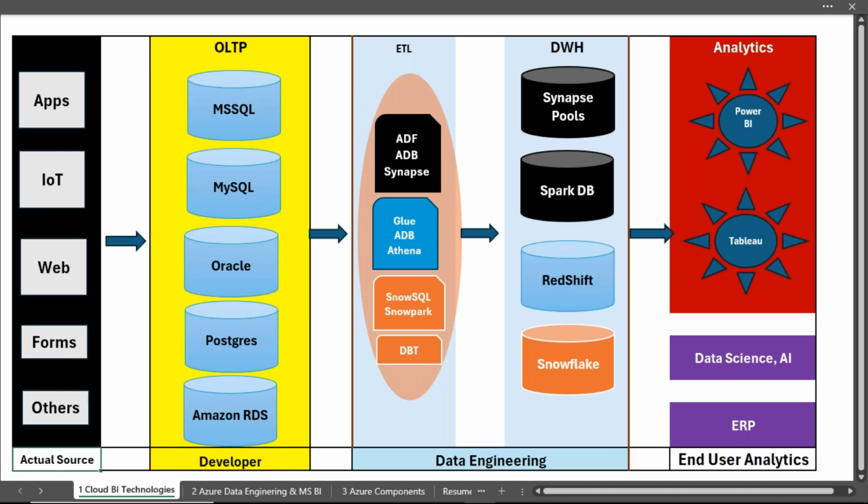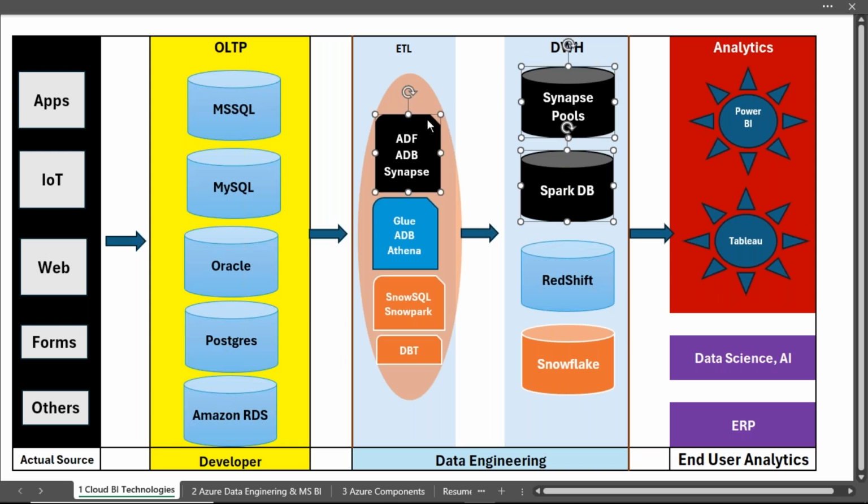Various data sources, OLTP layer: MS SQL, MySQL, Oracle, Postgres, Amazon RDS, etc. These are all OLTP products. SQL developers will take care. We are into data engineering, ETL, warehouse: Data Factory, Databricks, Synapse with Spark database, Synapse SQL pool.